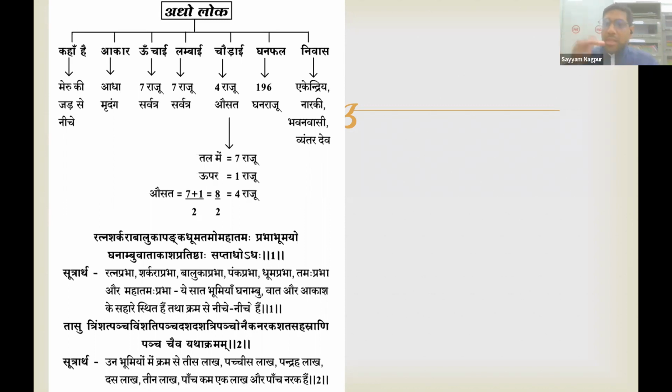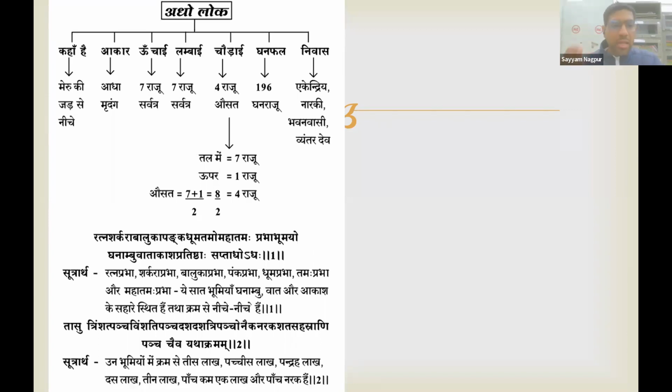And between these 7 Narakas, there are a few other locations where we have Vatakash Pratishtaha. Vatakash Pratishtha means Vatvalaya. I'm going to talk about Vatvalaya in the next part of the slide. So in between all these Narkas, there are Vatvalayas.